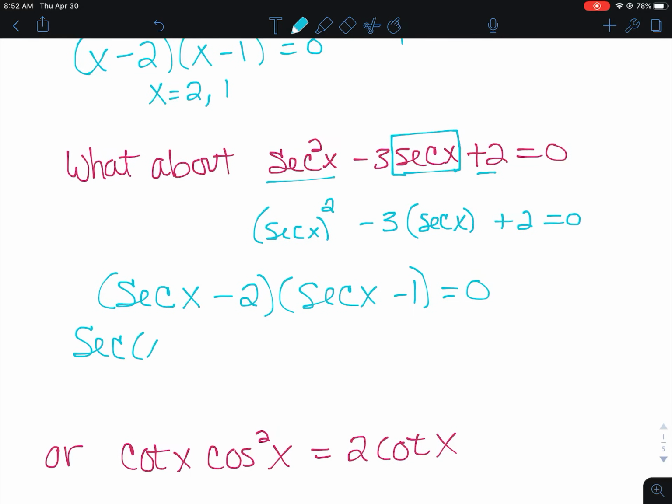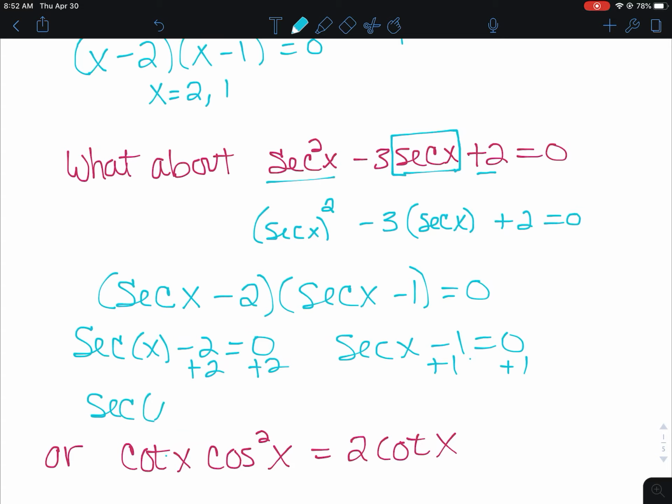If I want to solve that, then I would take each one and set them equal to 0. Right, zero product property. And then I could add 1.